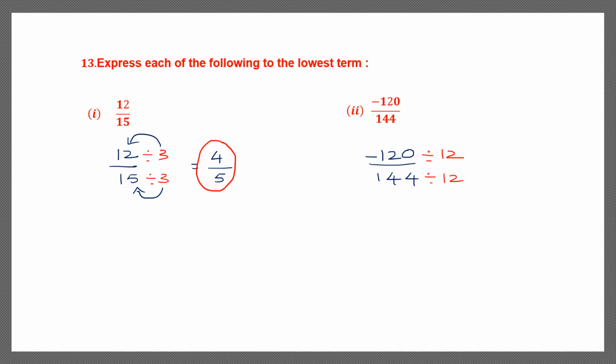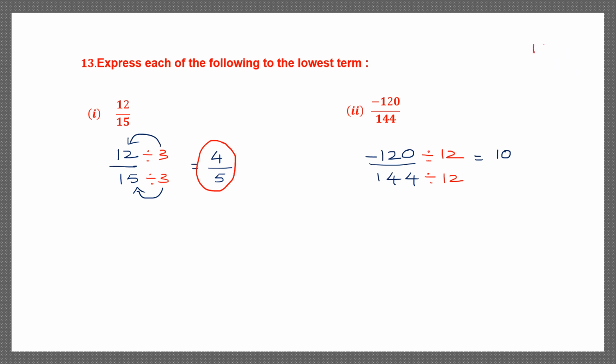So now 120 by 12. Let's divide and see. 120 by 12. 12 ones are 12, and then we have a 0. So 12 into 10. Isn't it? 12 tens are 120. So here I've got 10. Now let's divide 144 by 12.